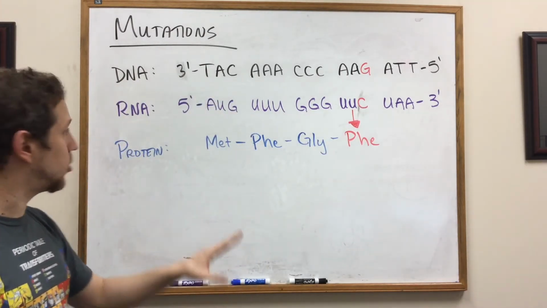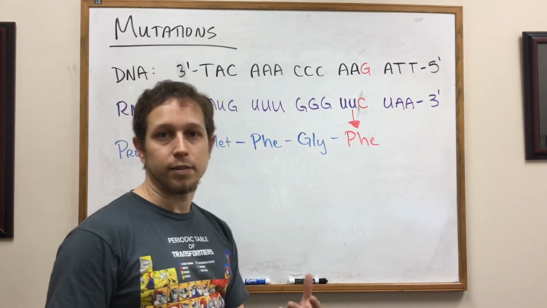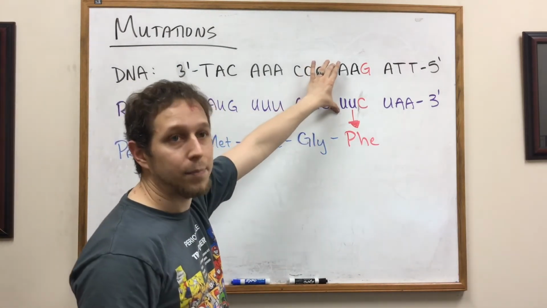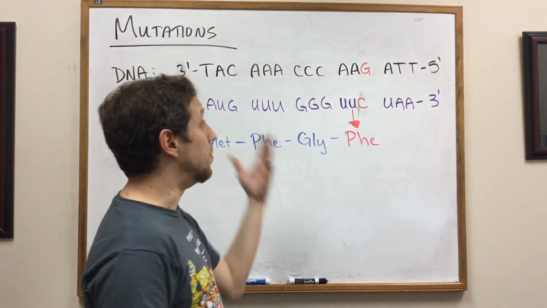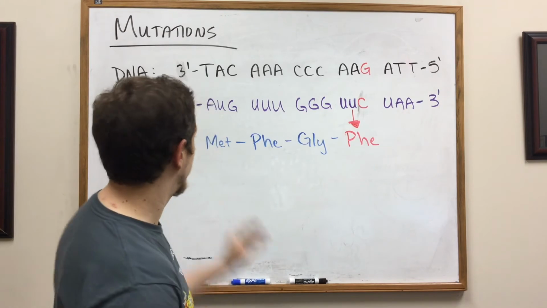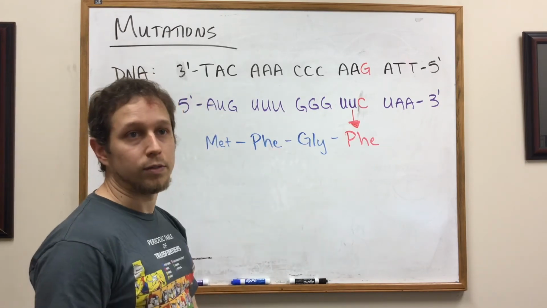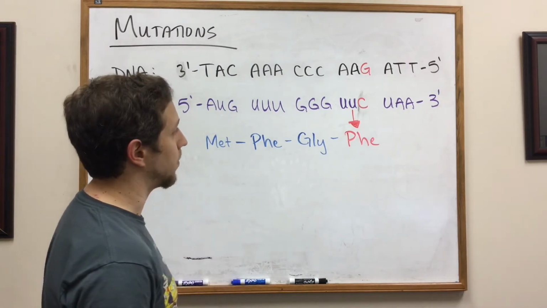So again, in a silent mutation, there's no change to the protein in terms of the amino acid sequence, even though the mutation happens in the DNA and the RNA. In a missense mutation, we see a change to the amino acid structure and the primary sequence or structure of the polypeptide.